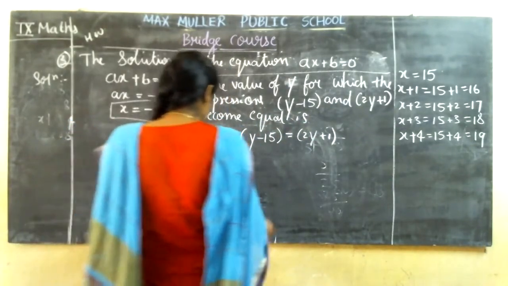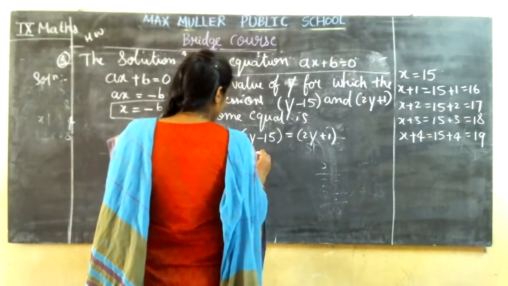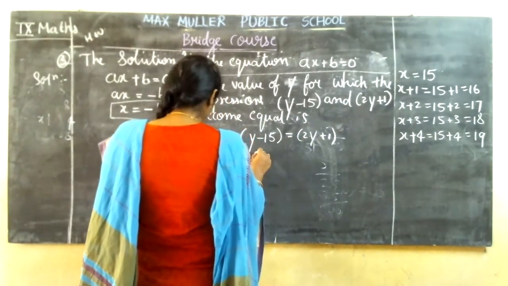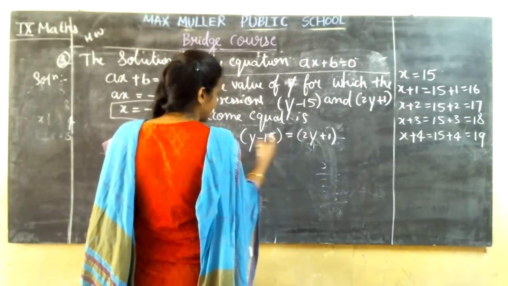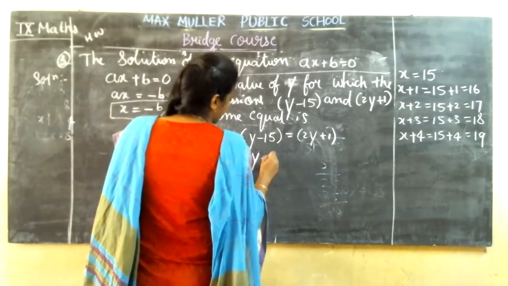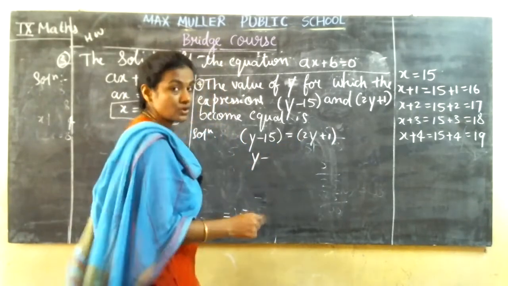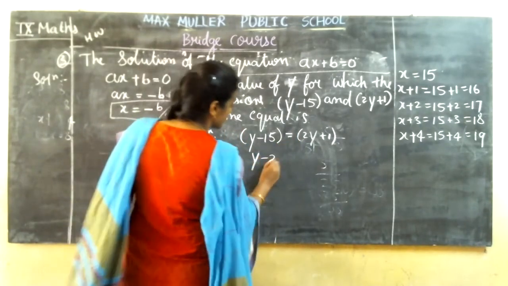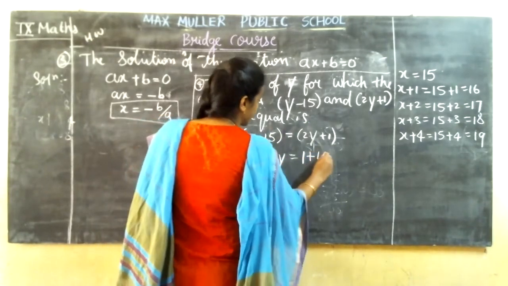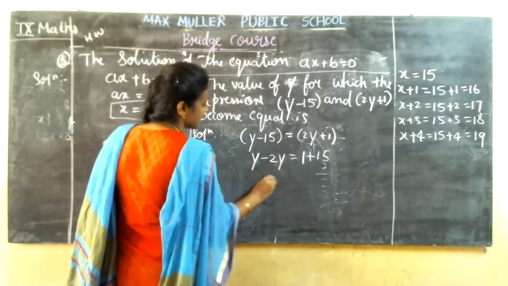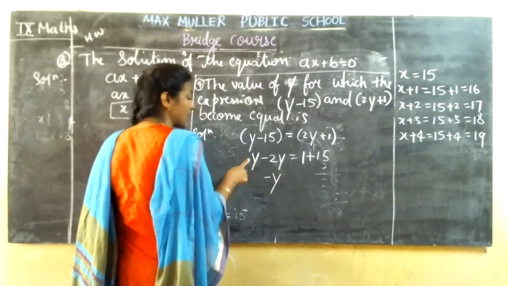Right. How will we do this? Yeah, guys. We'll do one thing. Shift the y terms to one side and the integers to the other side. Here it has a plus sign, no? So if it comes to this side, it will become minus 2y. And 1 is there. If it comes here, it will become plus 15. So what is your answer here? Minus y. Here it is a plus y, here it is a minus y.